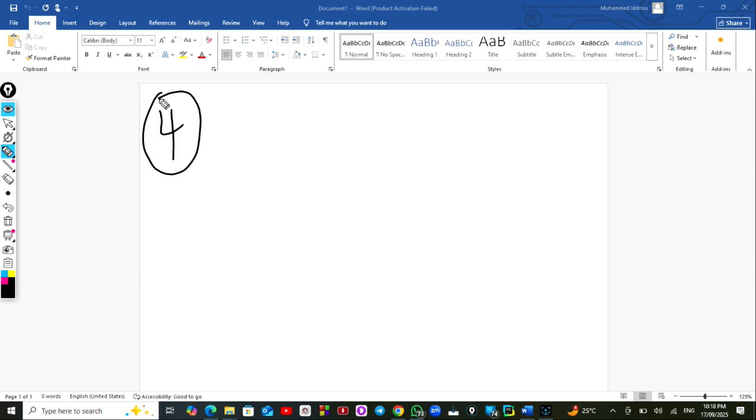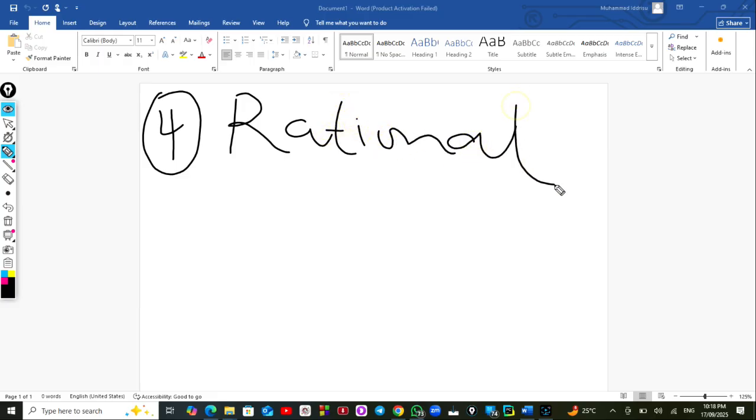We have the set of rational numbers. Rational numbers are usually represented as Q.